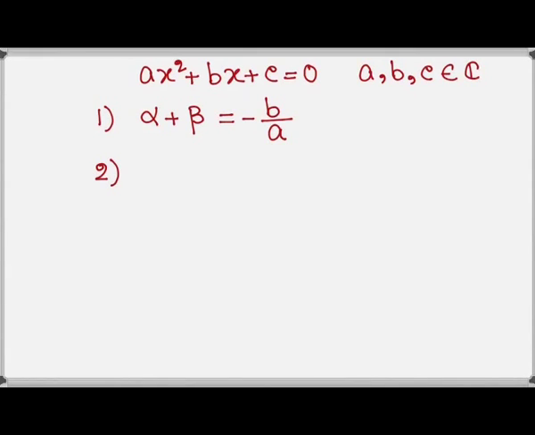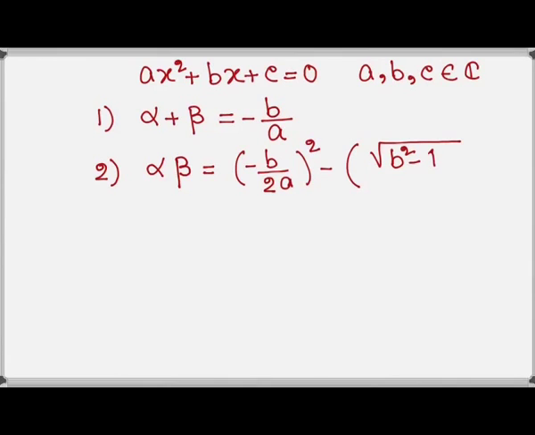The second one is that the product of the solutions alpha and beta is minus b divided by 2a whole square minus square root of b square minus 4ac divided by 2a whole square. So this is equal to c divided by a.